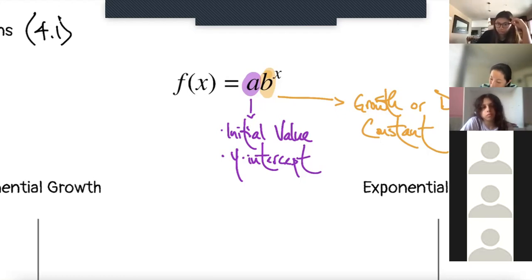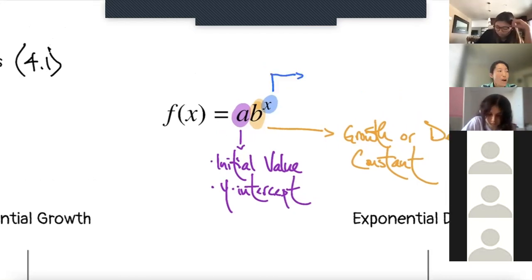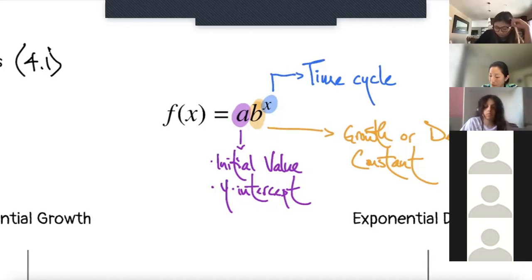All right, let's talk about this X up here. All right, this X value, when we get to word problems or even when we see it in an equation, what we want to think about is that that X value refers to a time cycle. Okay. And the last thing that we want to think about is what's happening on the left-hand side, which is our f of x.